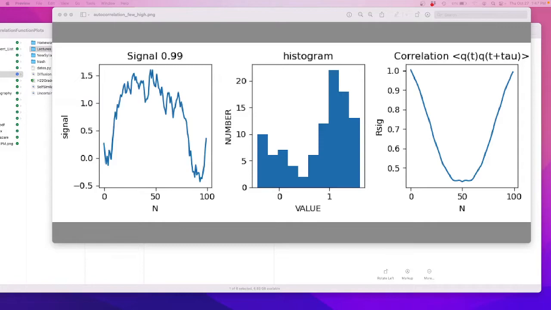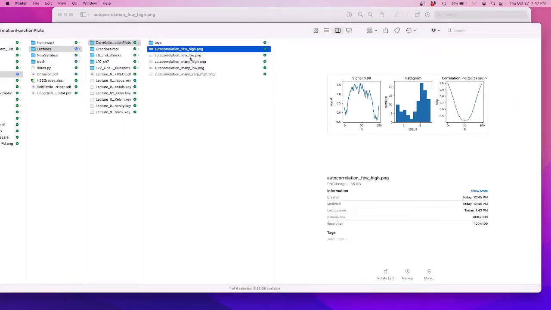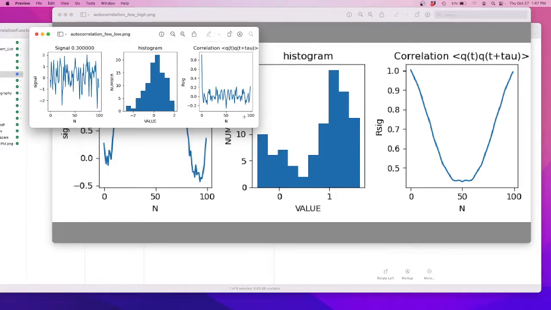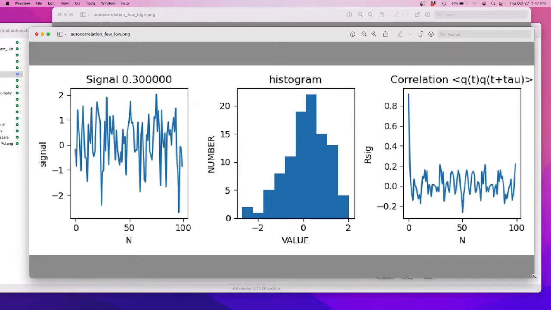Now, if we have a less highly correlated plot, this is a less highly correlated signal. This is only correlated to 30%, so that means that the integral of this is going to be 0.3 instead of 1.